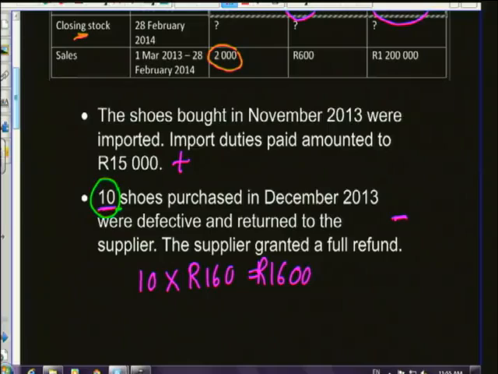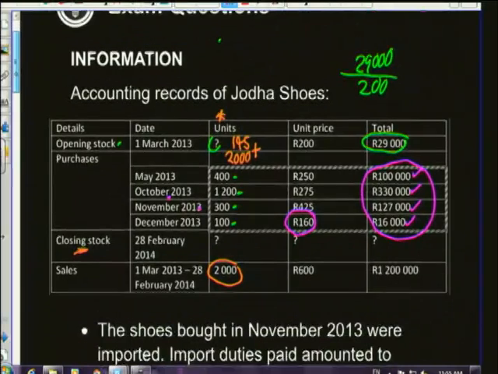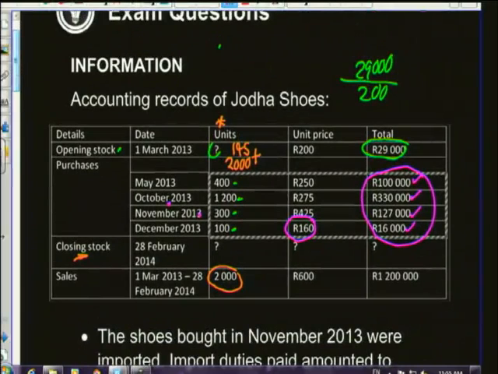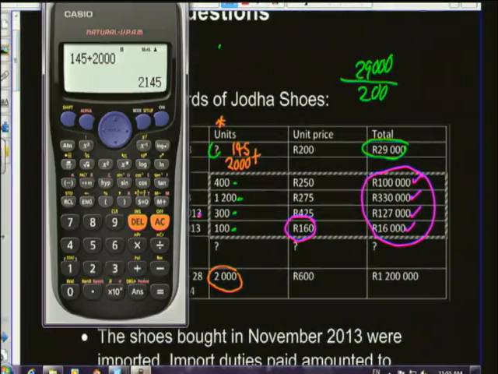If we go further down, we returned 10 shoes that were purchased in December. So the number of goods that I have available to sell has to decrease, so I'm going to subtract the 10 units. The number of units that I have available to sell is 2,135. That's how many pairs of shoes the business had available to sell for this financial year.